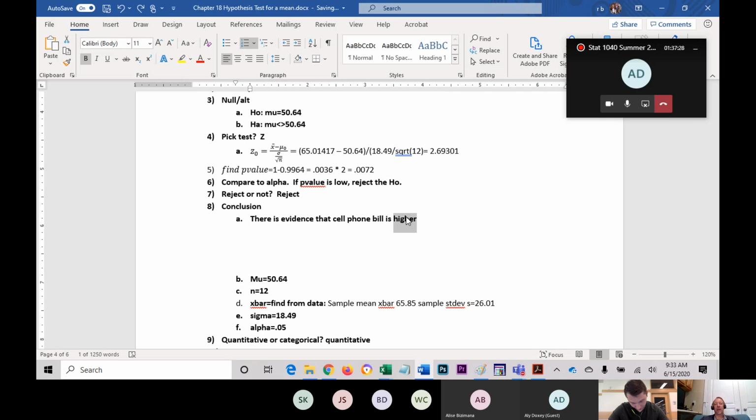Remember, Elise, not goes with not. If you do not reject, there is not evidence. But since we did reject, there is evidence. Now the question is, is it higher or lower, and how do you know?